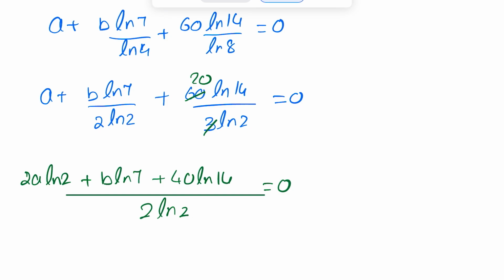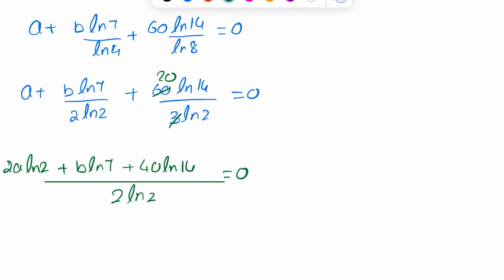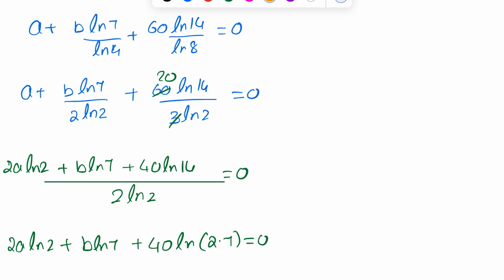So from there, what can I get? 2a ln 2 plus b ln 7 plus 40 ln 14. 14 can be written as 2 times 7. So 2a ln 2 plus b ln 7 plus 40 ln 2 plus 40 ln 7 equals 0.